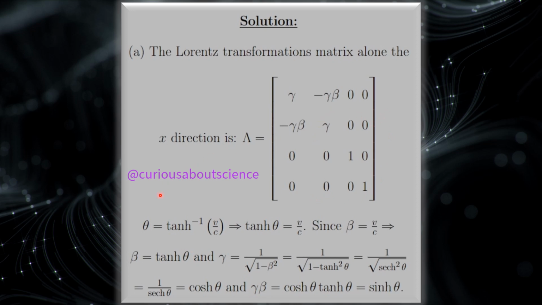So that being said, if we see that theta is equal to the inverse of the hyperbolic tangent, then we know that tanh theta is equal to V over C. But we let beta equal V over C for everything else, so we're saying that beta is equal to tanh theta. That being said, now let's define gamma in terms of this hyperbolic tangent.